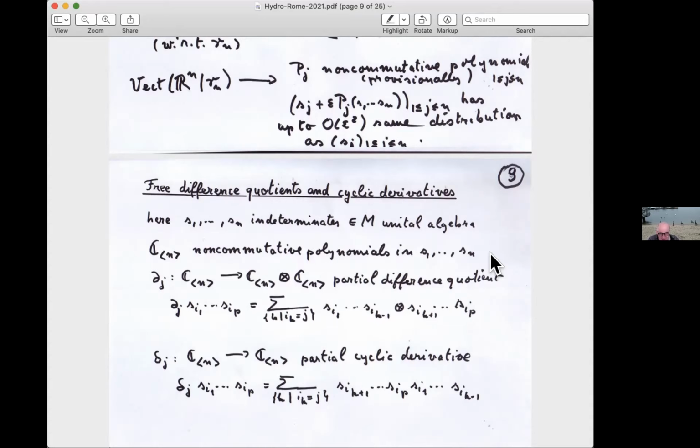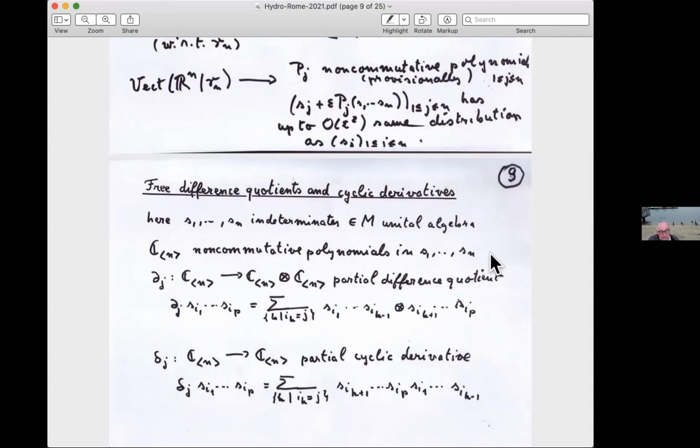There is another map which is called the cyclic derivative. It is not a derivation. It is related to derivations, but it's not a derivation. And it's a map from Cn to Cn.